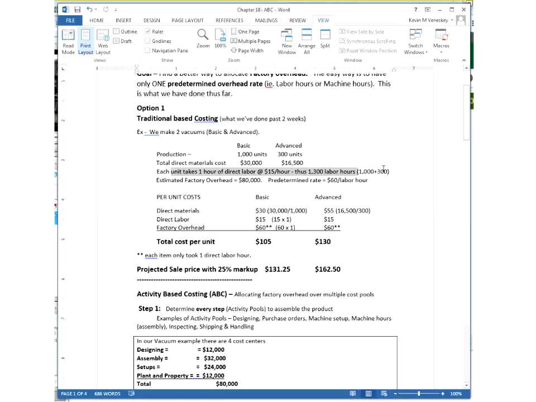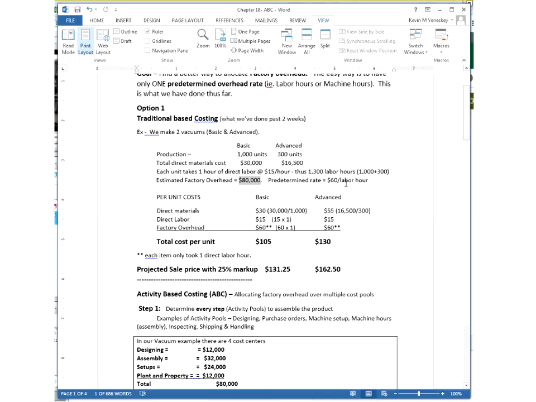We're going to assume, to make it pretty easy, that each item takes about 1 labor hour to assemble, to put together and make. So if we made 1,300 units, that's about 1,300 labor hours, and we're going to price it at $15 an hour. We pay our people. And our factory overhead was $80,000 for this month.